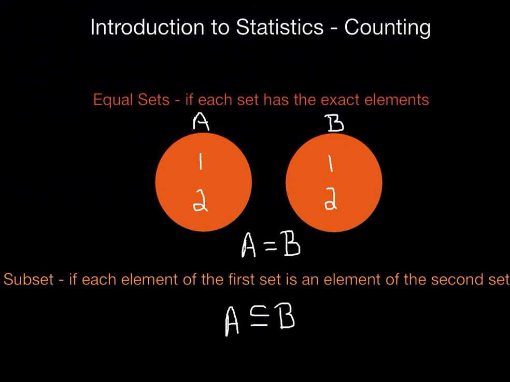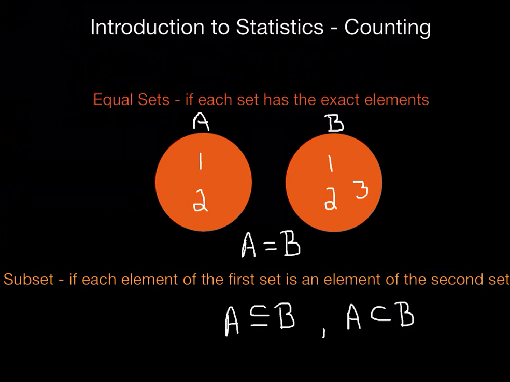Now, just a quick review, or something kind of new here. If I were to put, let's say, a 3 here, then A is still a subset of B, because 1 and 2 are also in B. But we could also say that A is a proper subset of B. A proper subset is a subset in which the sets are not equal.